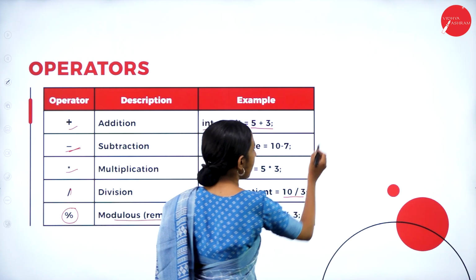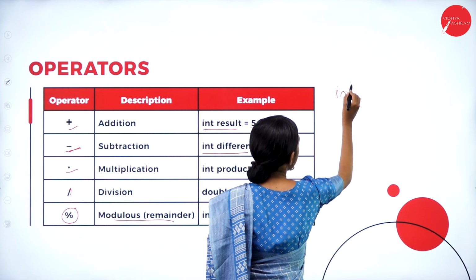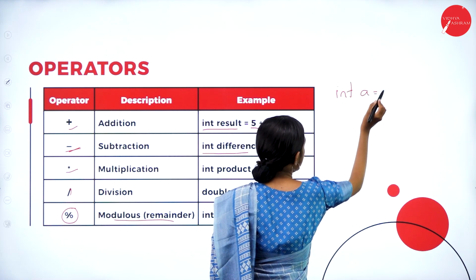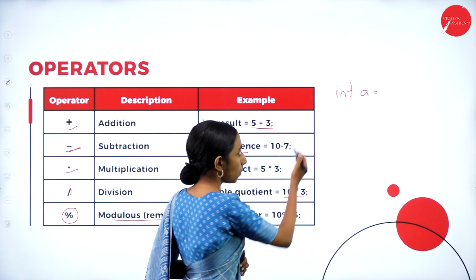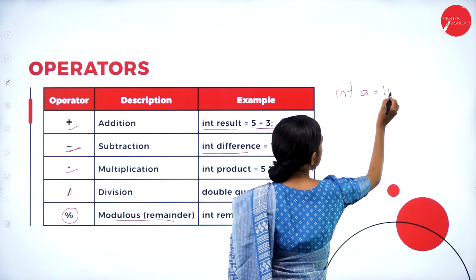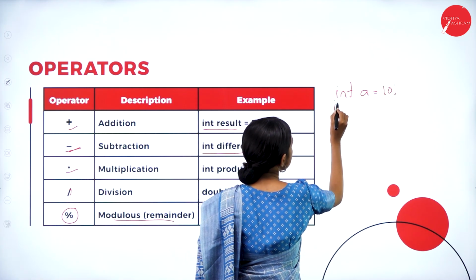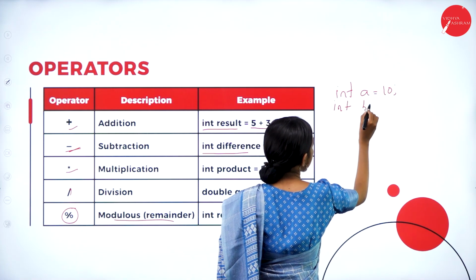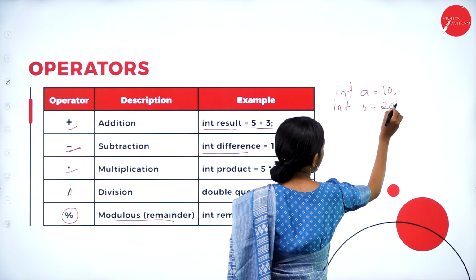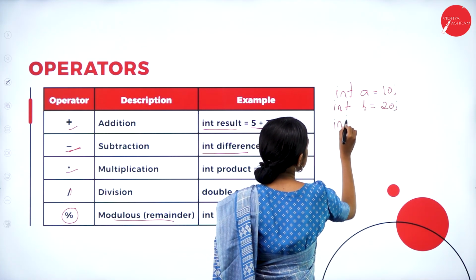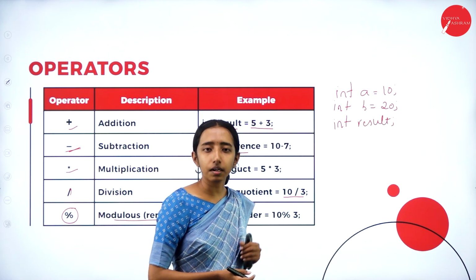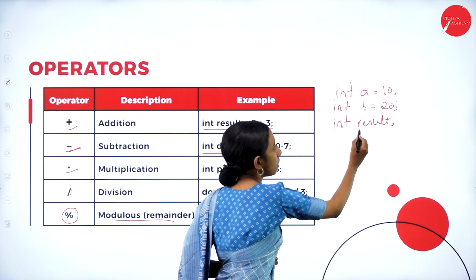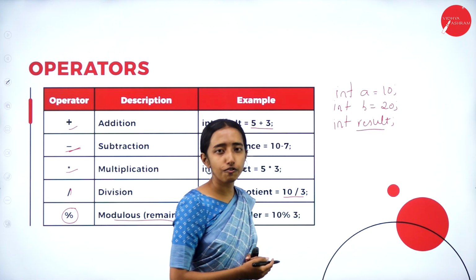Here we can take int A is equal to 10, where int is a data type and A is a variable, int B is equal to 20, int result. So we have taken two variables A and B and another variable called result in integer form.